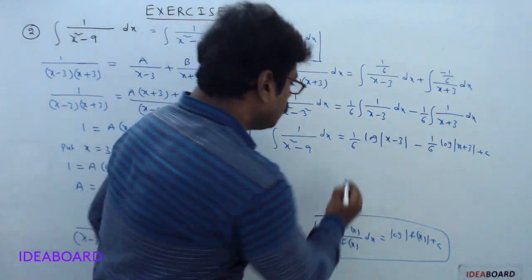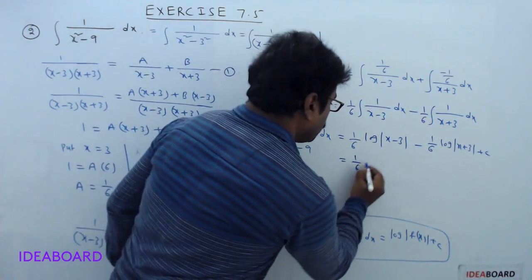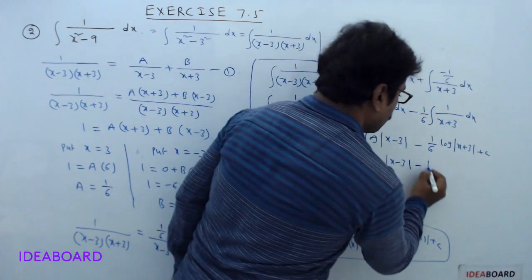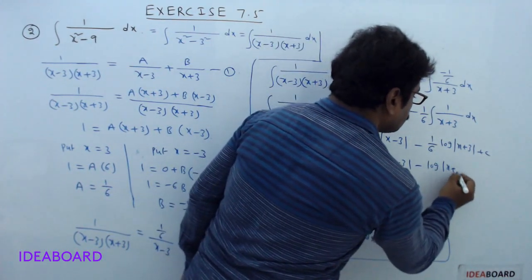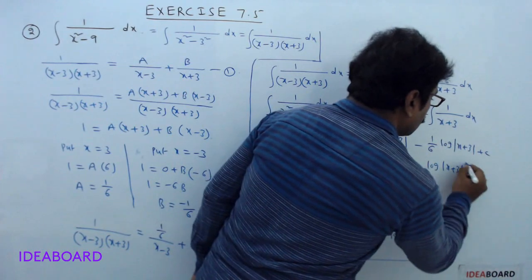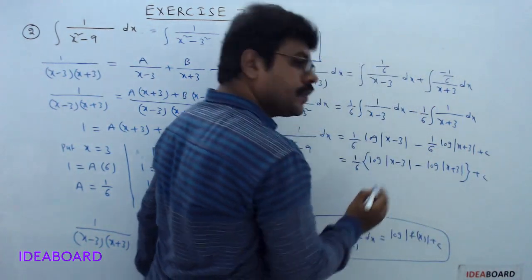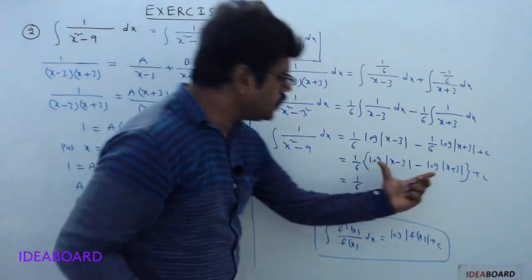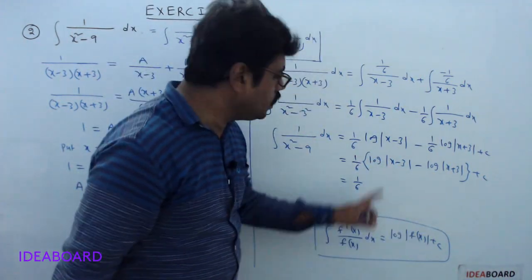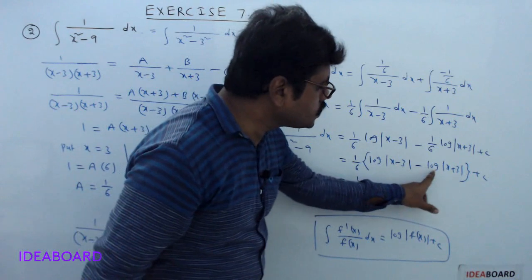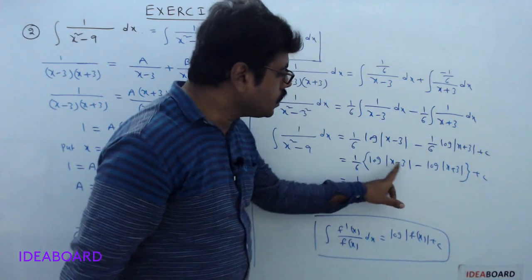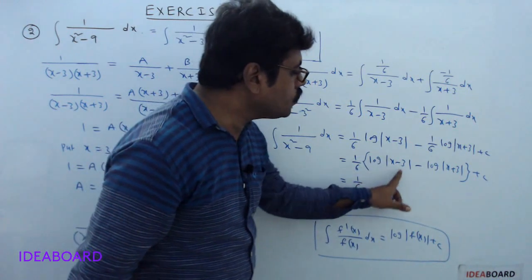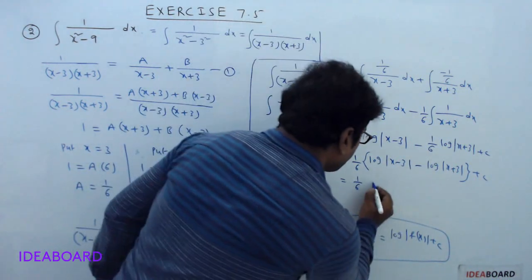Now take 1 by 6 common. This is 1 by 6 into log mod x minus 3 minus log mod x plus 3 plus a constant c. Now this is equal to 1 by 6 into, this expression is of the form log a minus log b. What is its property? Log of a divided by b.